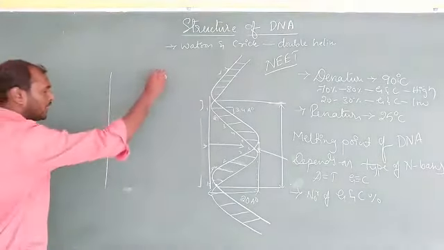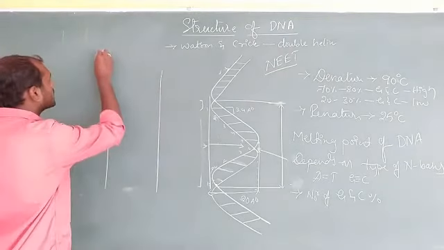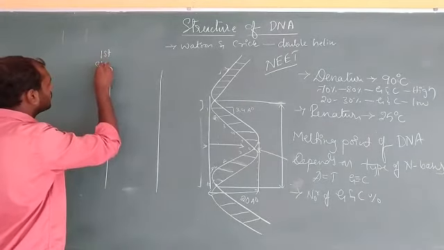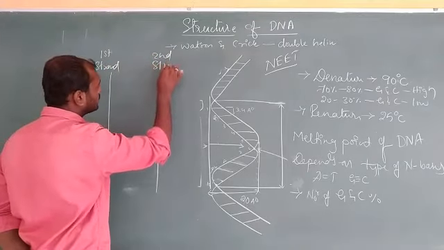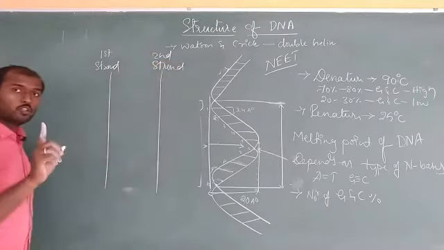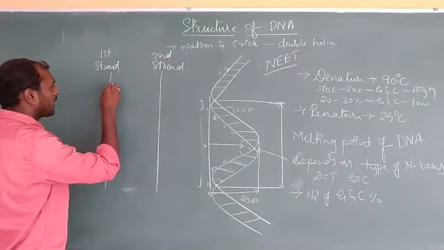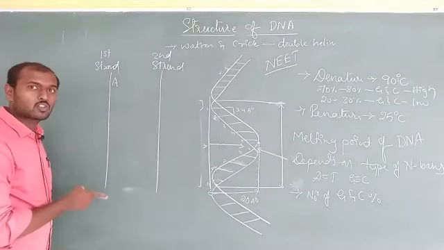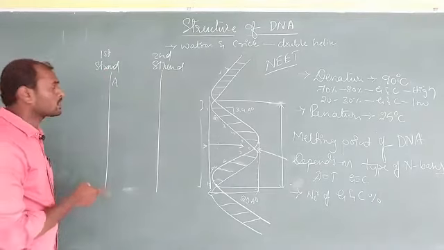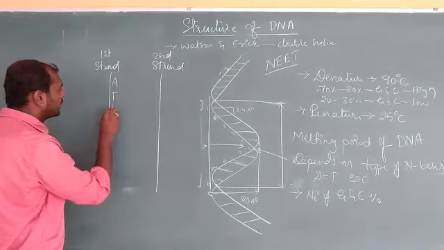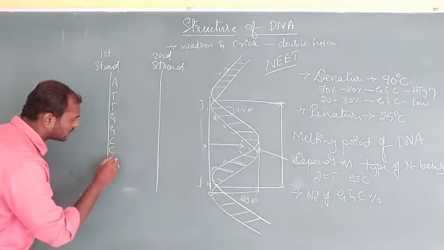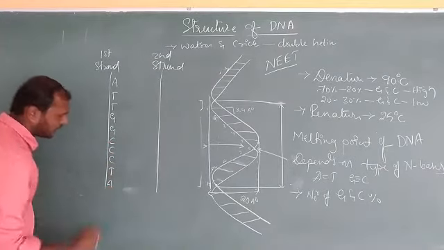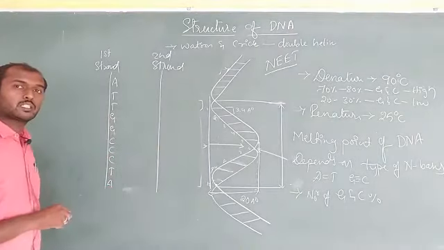Just consider this is the first strand, this is the second strand. If I give you a single DNA strand with A, T, T, G, G, C, C, C, T, A, are you able to predict the second strand? Yes, it is possible.